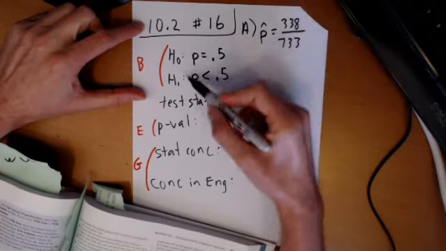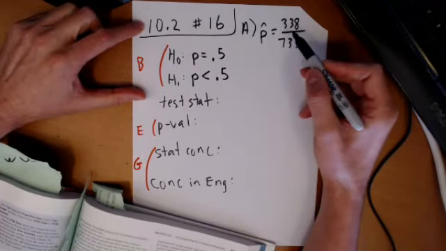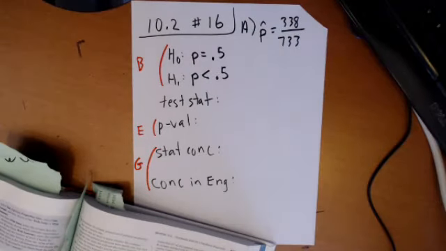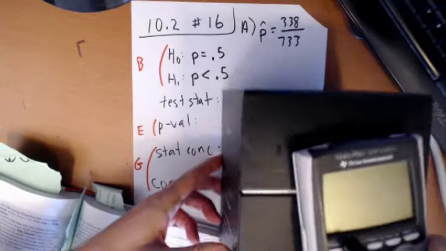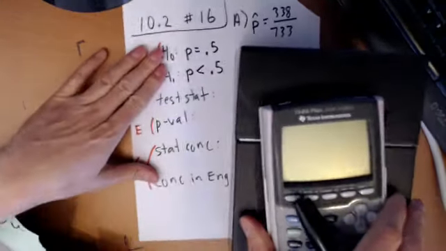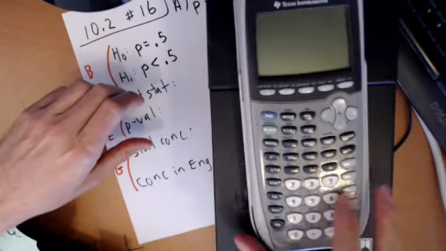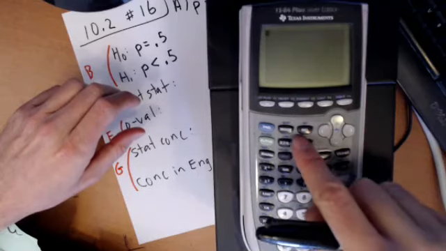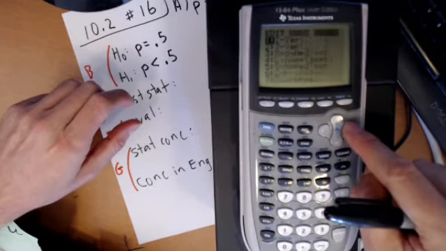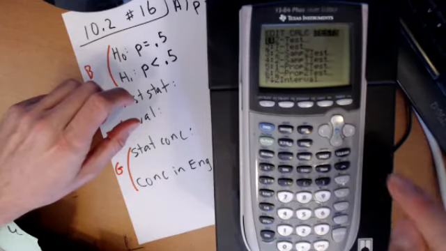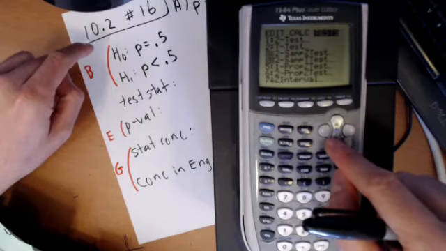So in theory, we could just throw this all into our calculator right now and sort of finish off the problem. So let's just do that. My calculator. Okay, we'll turn it on. Stat. Tests. One prop.